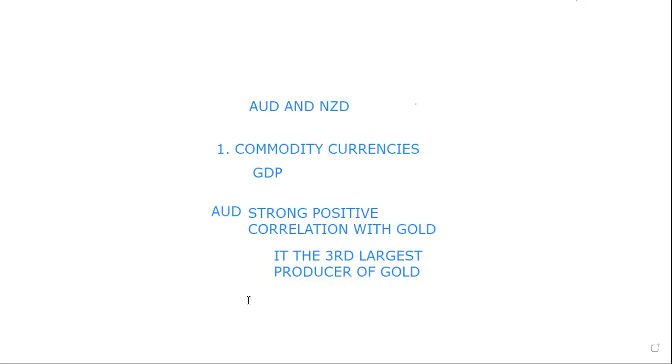Japanese yen exports, and apart from export, oil affects it. Then you come to the Swiss franc: apart from export, another one is gold. Now you come to the Aussie dollar: agriculture and gold. So you see, it revolves around gold, oil, agriculture and exportation. All right, now let's go further.